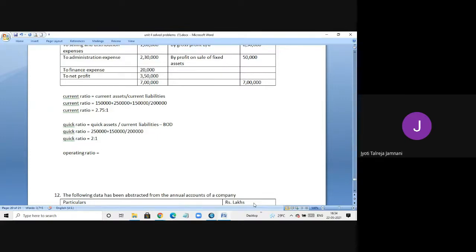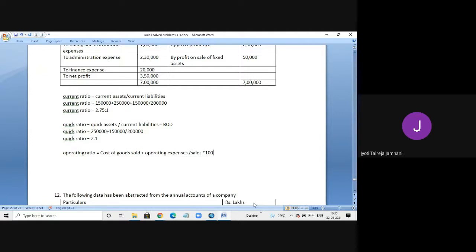But here operating ratio means operating expense ratio, and the formula I had told you is cost of goods sold plus operating expenses divided by sales into 100.